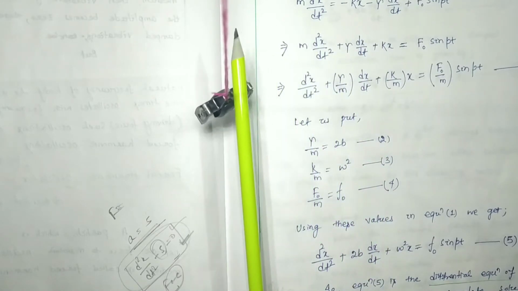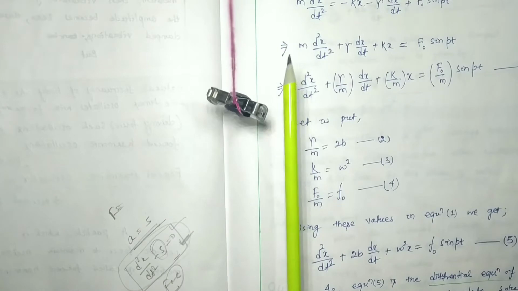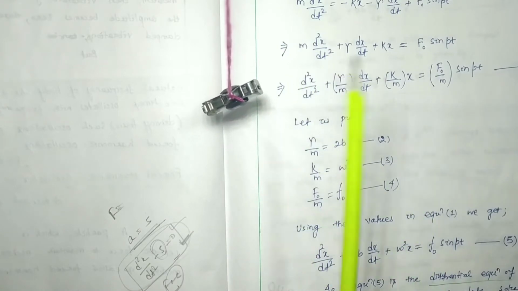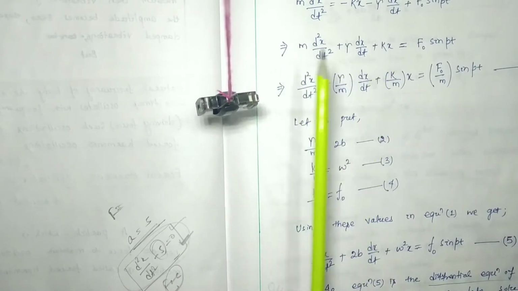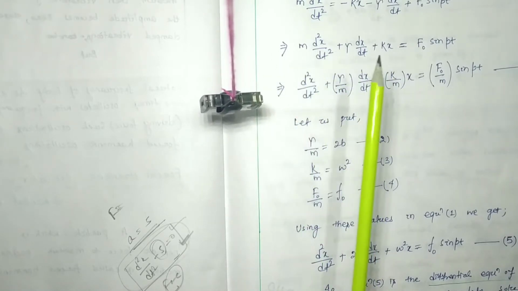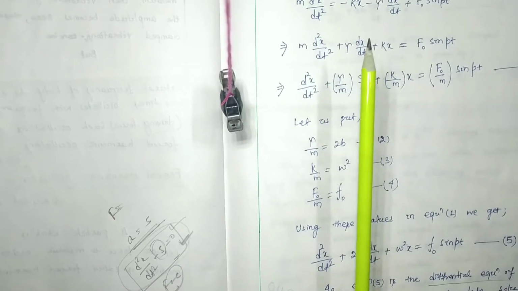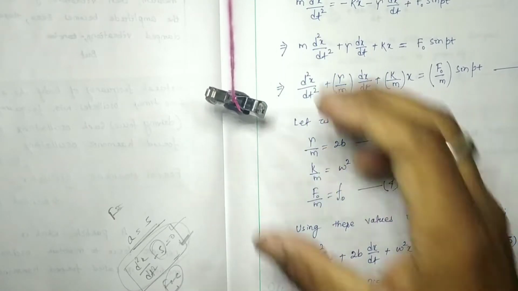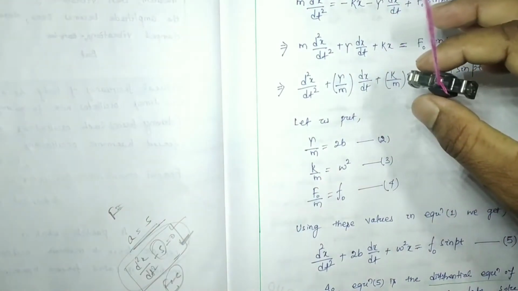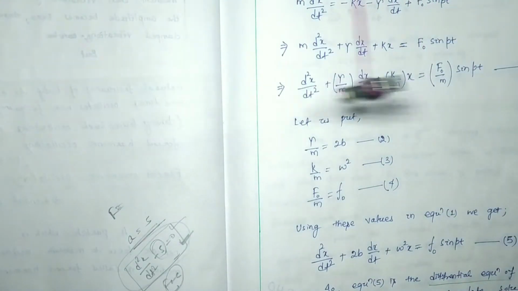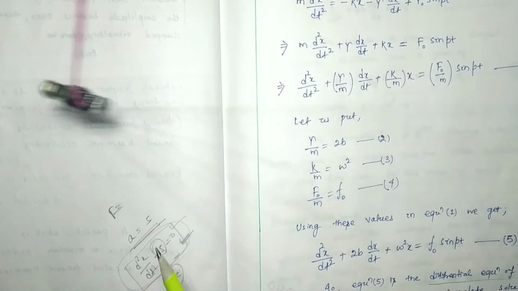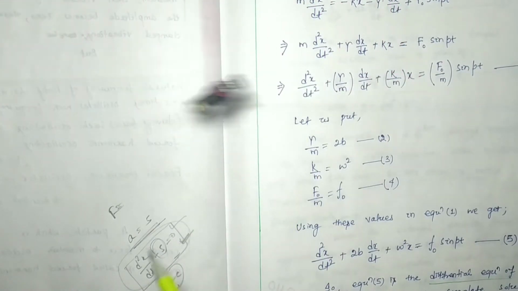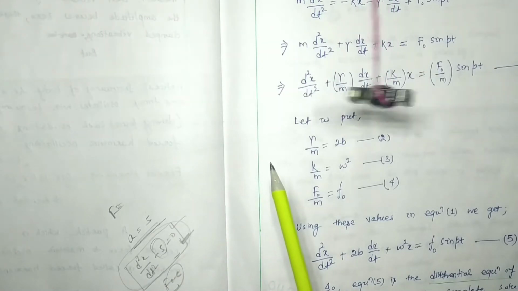This is the agent from which I am going to give the force. Then what will happen? Initially the oscillator oscillates with its natural frequency. After some time it is going to stop, that means gradually its amplitude decreases.